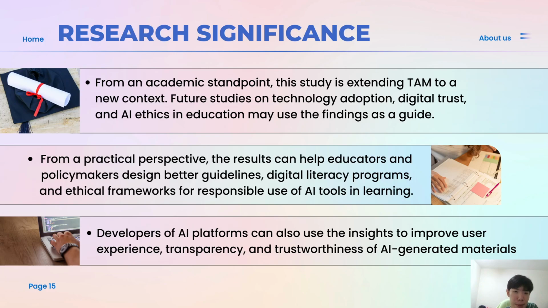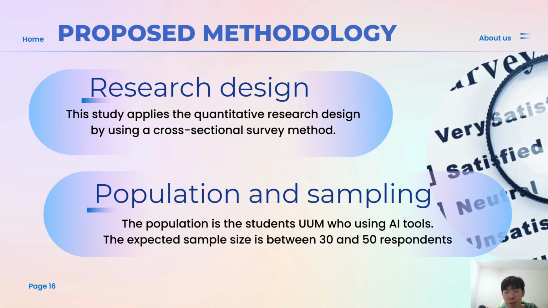From a practical perspective, the results can help educators design better guidelines, digital literacy programs, and ethical frameworks for the responsible use of AI tools in learning. And developers of AI platforms can also use the insights to improve the user experience, transparency, and trustworthiness of AI-generated materials.